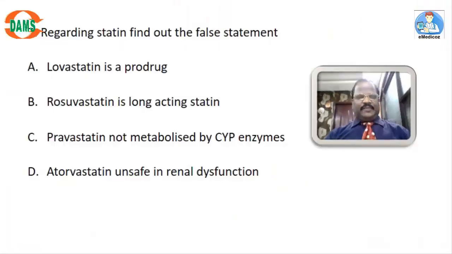Question number 7. Regarding statins, find out the false statement. The options given are: lovastatin is a prodrug, rosuvastatin is a longer acting statin, pravastatin is not metabolized by cytochrome P450 enzyme, atorvastatin unsafe in renal dysfunction.